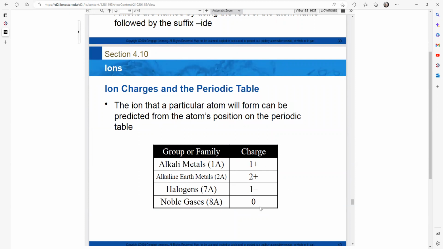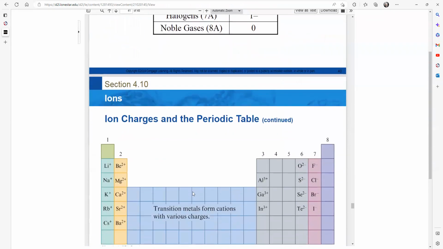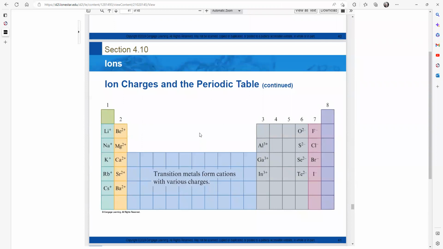You can memorize these charges because you will use them later. Okay, here you can see in this table, you can print this table, the most characteristic charges for these elements.